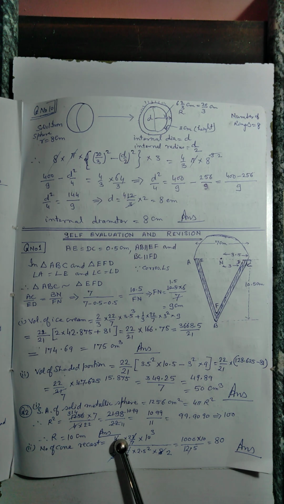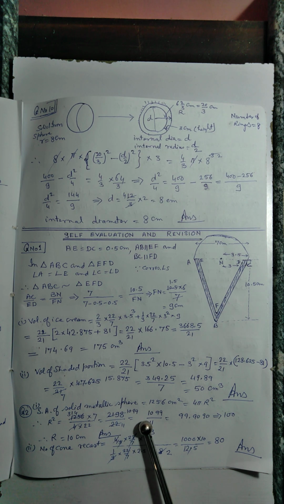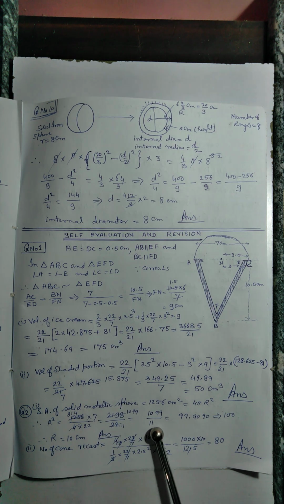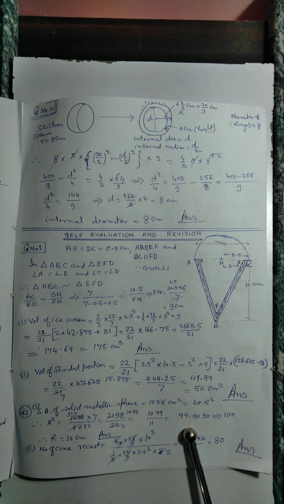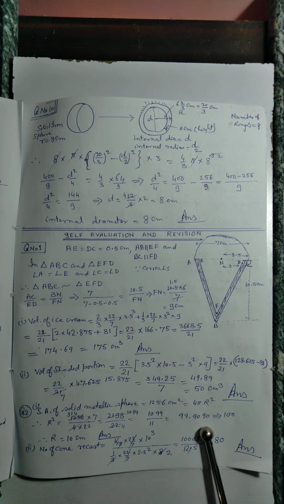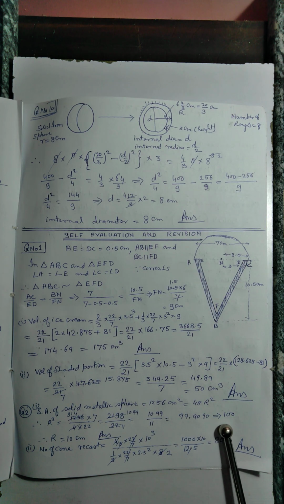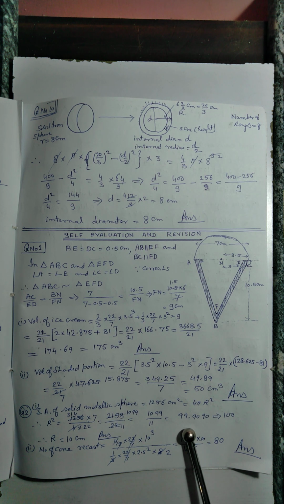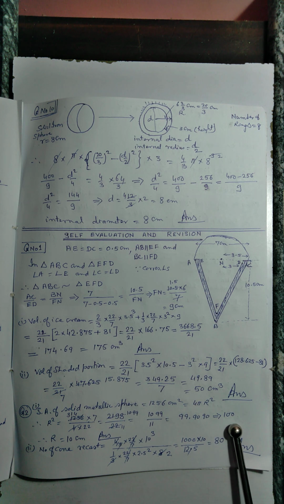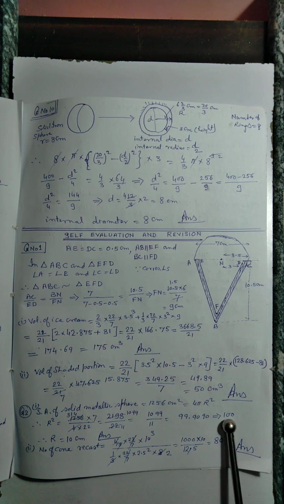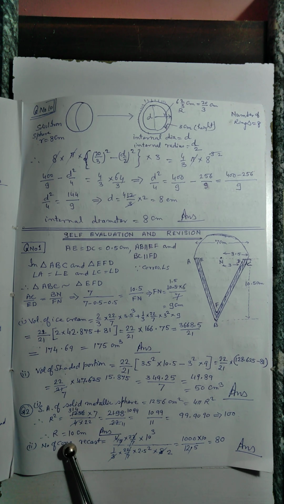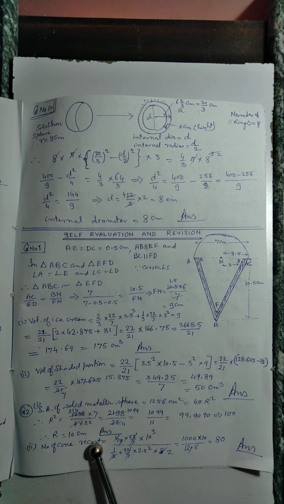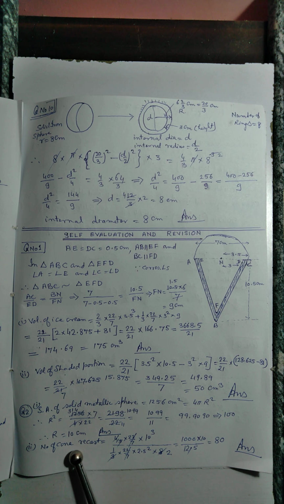Again divide this by 2, you will get 1099 by 11. We solved it: 99.9090, it is just approaching 100. So taking the square root of 100, the radius will be equal to 10 centimeter. This will be the answer.